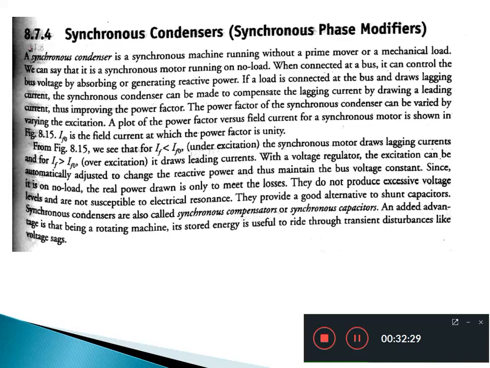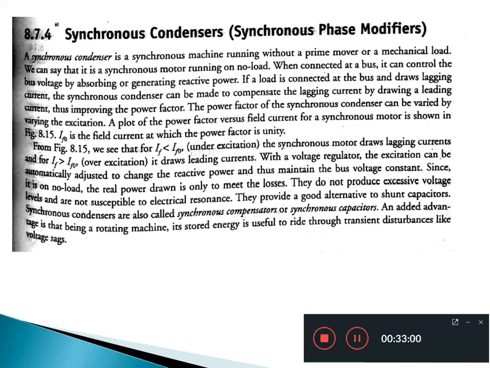So the third method which is used to control the voltage by injecting reactive power is the synchronous condenser. In the synchronous condenser, depending upon the excitation field current of the synchronous machine, if IF is less than IF naught, we call it under excitation.